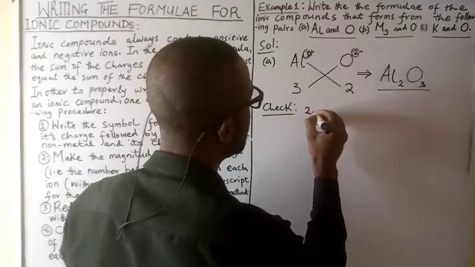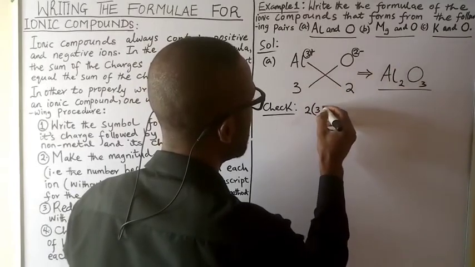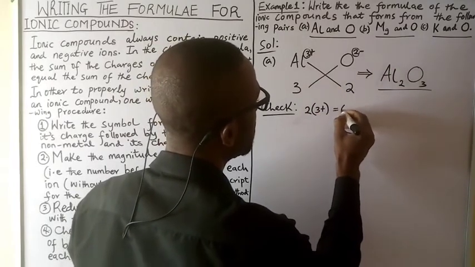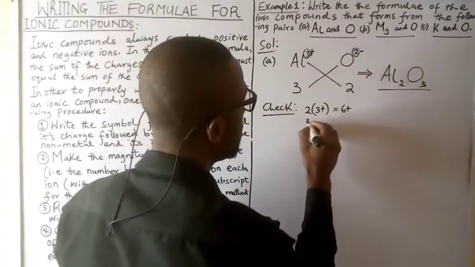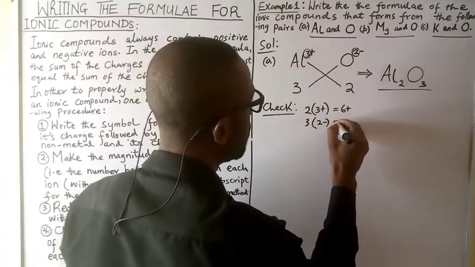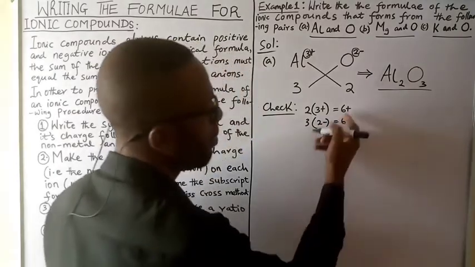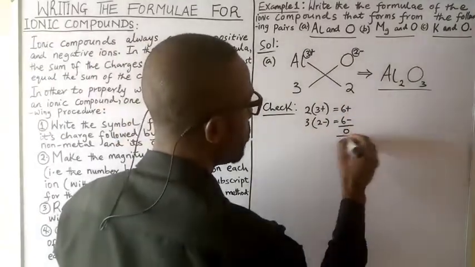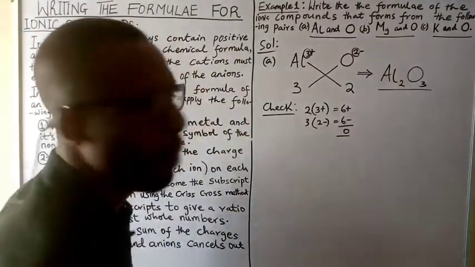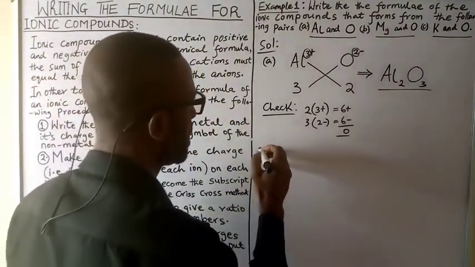So we have 2 brackets. What is the charge? 3+. It will give us what? 6+. Nice. Then 3 into 2 minus will also give us 6 minus. Plus 6 minus 6 is equal to 0. You see it? So this is a neutral compound or substance. That is what it should be.